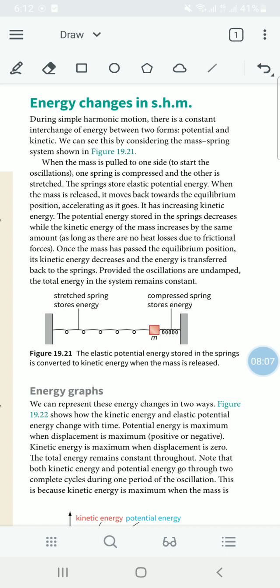At the equilibrium position, the object has its highest kinetic energy. As it passes the equilibrium position, it begins to decelerate and kinetic energy converts into potential energy again.